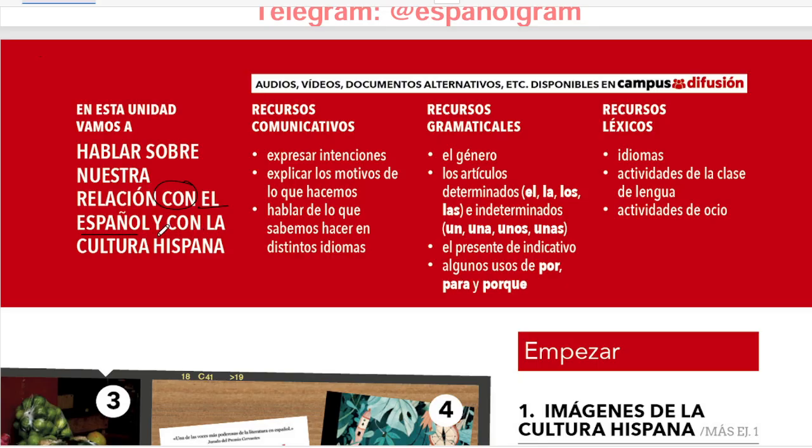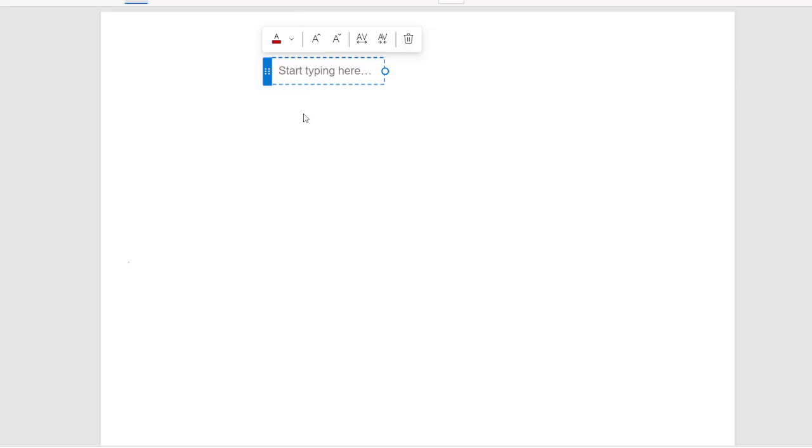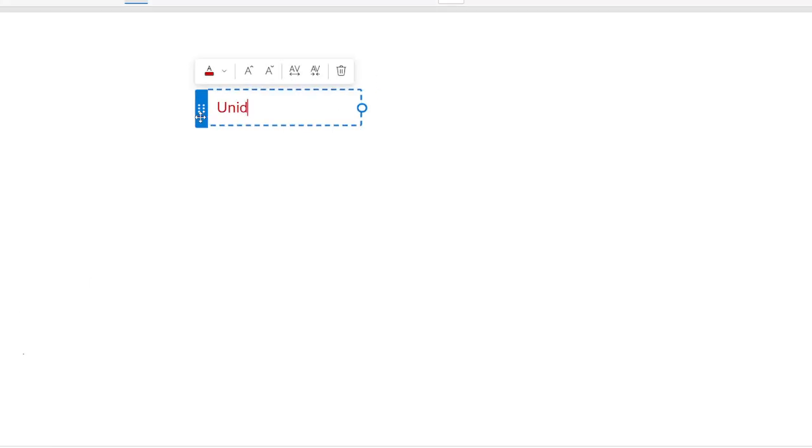El español y con la cultura hispana, with Spanish and with the culture, the Hispanic culture. There are a few words you have to note down, and parallelly we will do a lot of vocabulary as well. Unidad dos. The heading, the unit is Quiero aprender español.